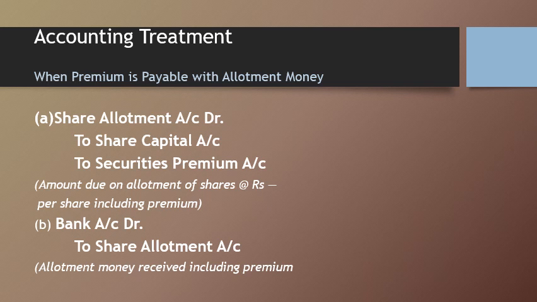And there is another treatment when the premium is payable with allotment money. Most of the times the premium is payable along with the allotment money. So in such a case, the treatment is like this. Unlike the application money, in case of allotment money, first of all we have to make due this allotment money.